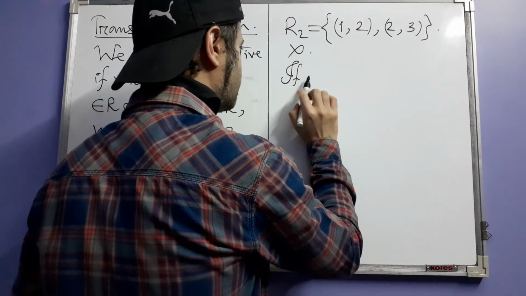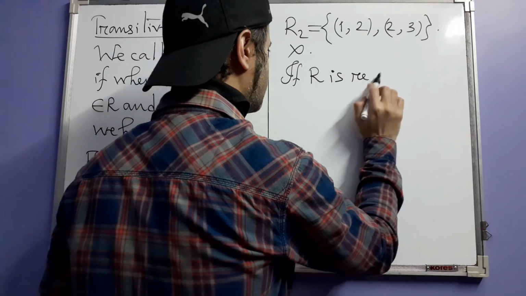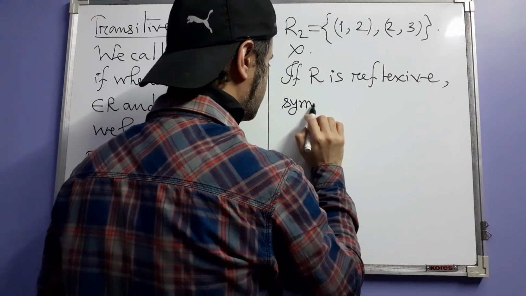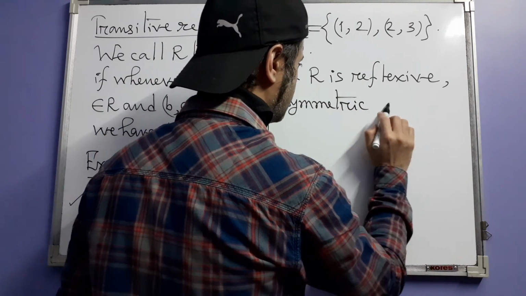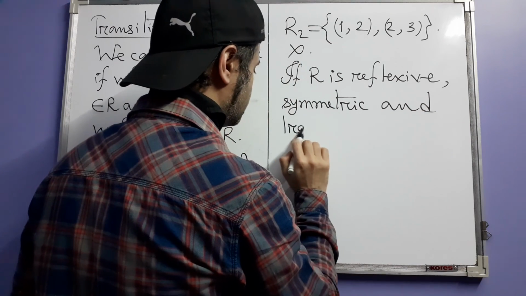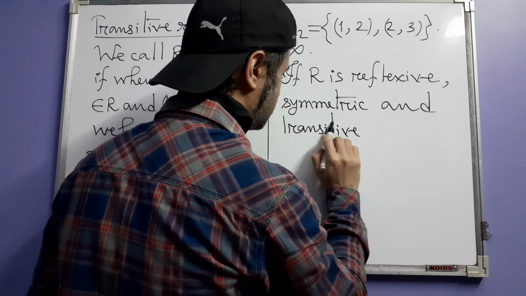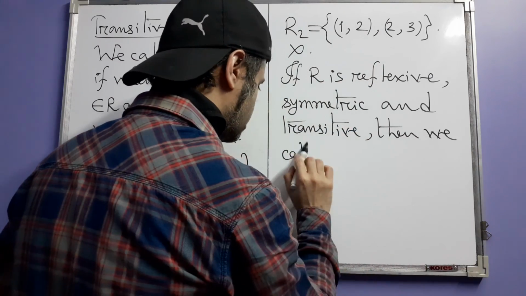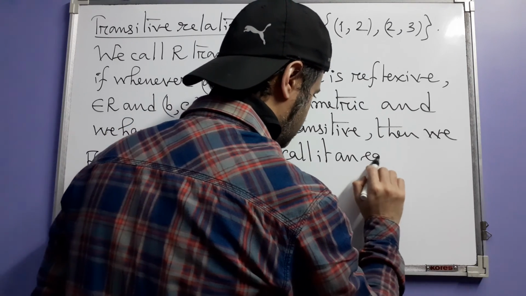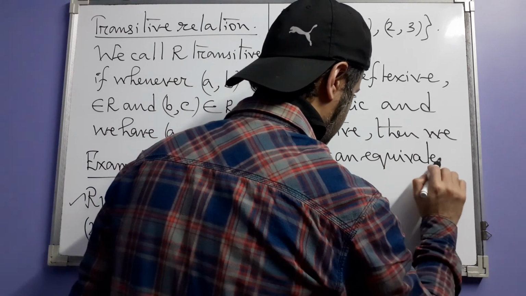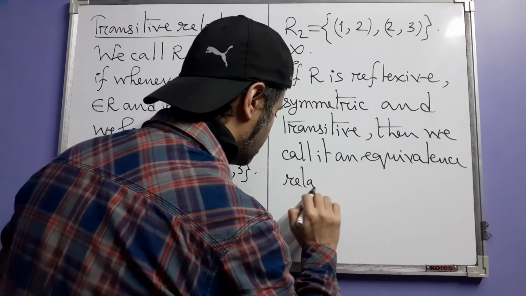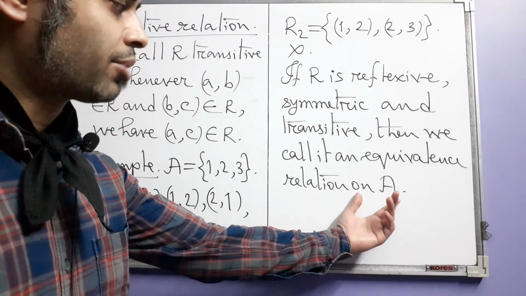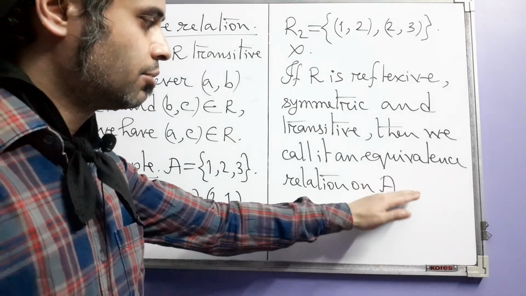If R is reflexive, symmetric and transitive, then we call it an equivalence relation on A. This "on A" part sometimes is suppressed if it's understood what the set A is.